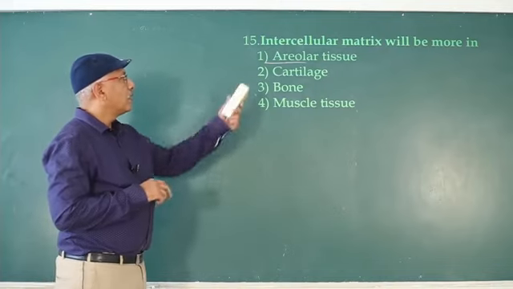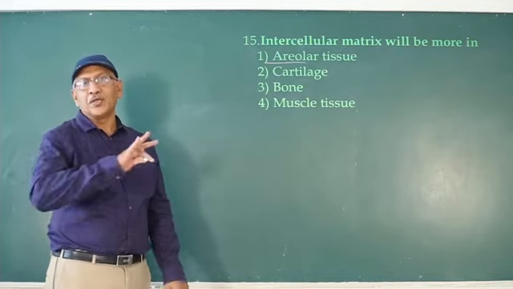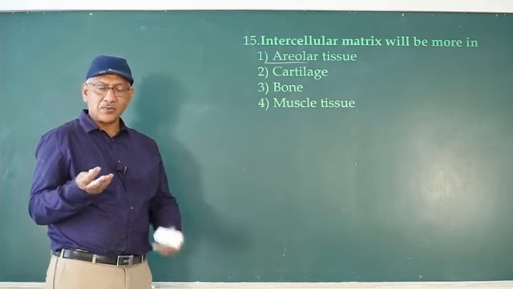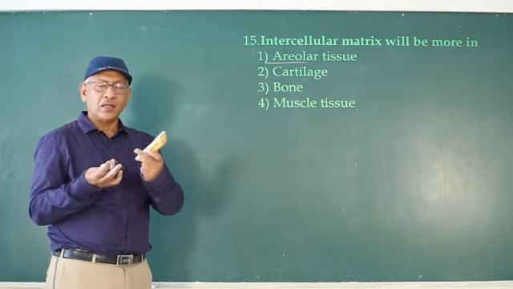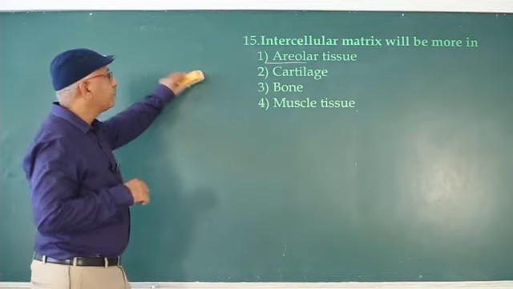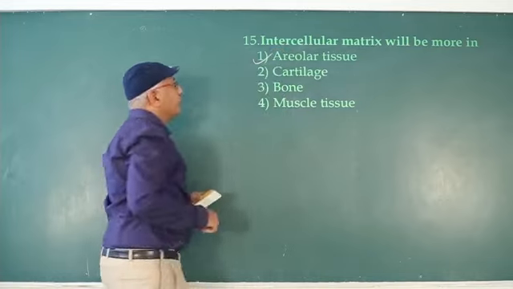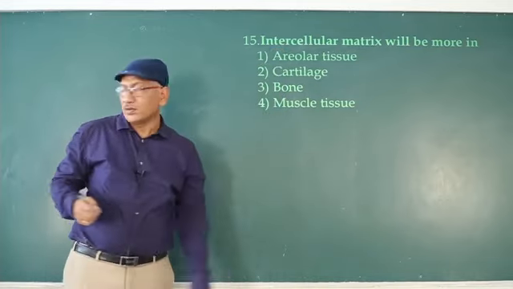Another point: cartilage and epithelial tissue are avascular; blood vessels are absent in all types of epithelia and cartilage. So the answer is the first one. So, 16th.